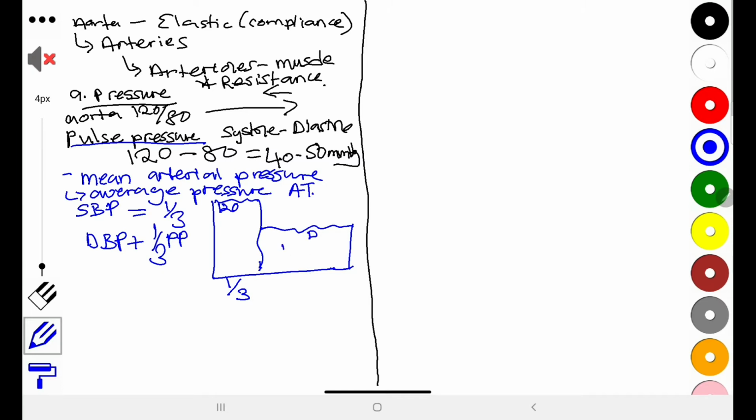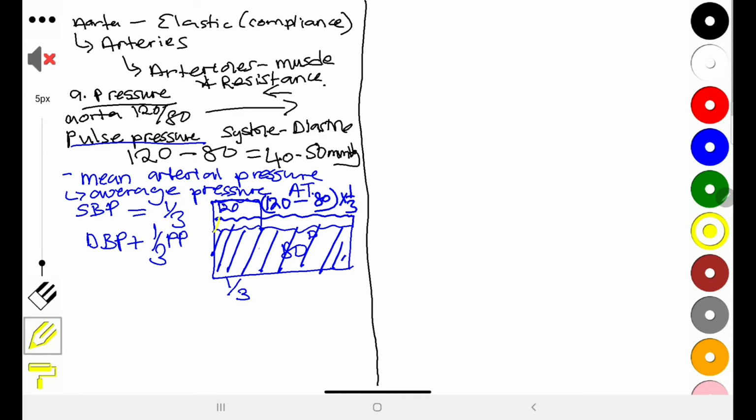diastole, which is about 80. So you're going to see an 80 throughout the cardiac cycle, but from this 120, we're going to get 120 minus this 80, and we're just going to multiply that by a third of the cycle in order to get the consistent pressure that we think will be there throughout.